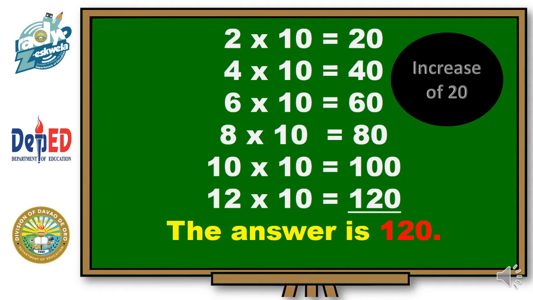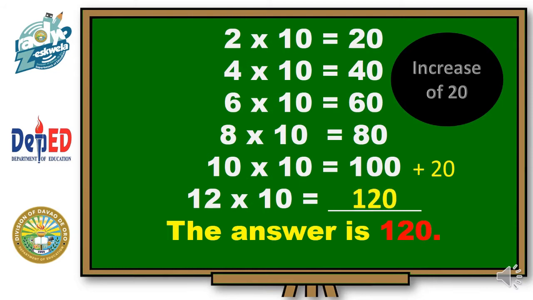Looking at the pattern, we see that each term increases by 20 after the first term. Therefore, we can say that by also adding 20 to 100, which is the last term, we get 120.